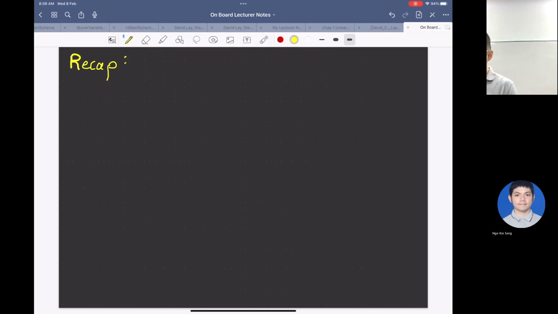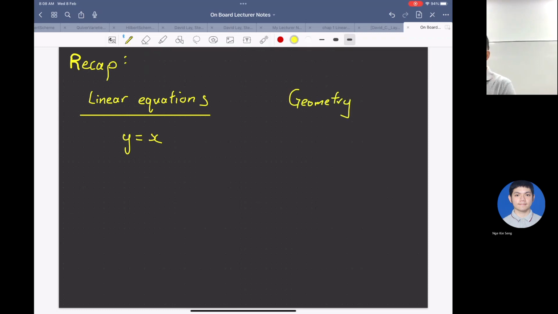Yesterday we looked at linear equations. So if you have two variables, it traces out a line in R2.